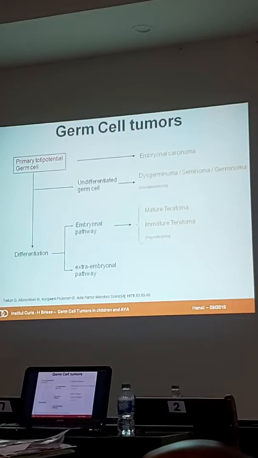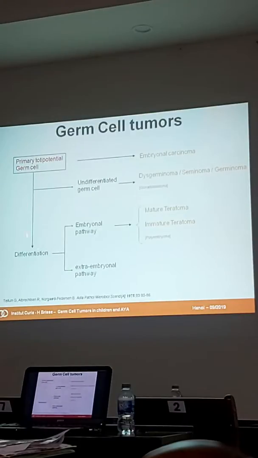So it is called the mature teratoma. But if the cells are not completely differentiated, it is called immature teratoma. So this one is a benign tumor, mature teratoma, but this one has potential for aggressiveness and developing. It does not provide metastasis, but local aggressiveness.